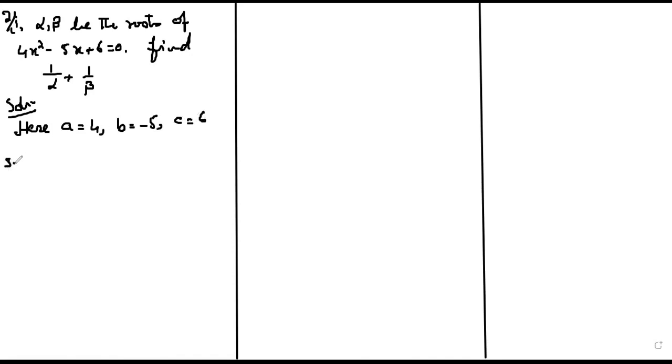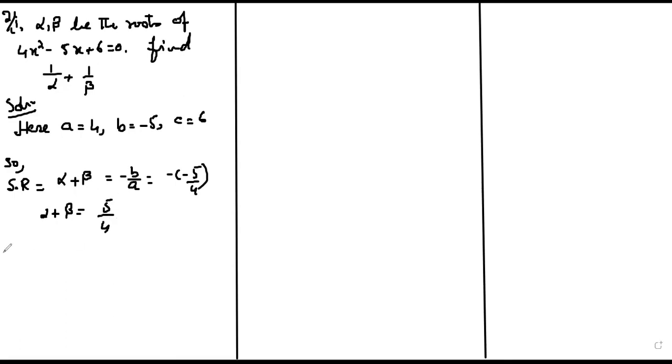So sum of the roots equals to alpha plus beta, which is equals to minus b over a, equals to minus minus 5 over 4. So alpha plus beta equals to plus 5 over 4.